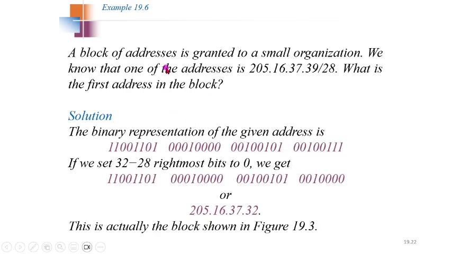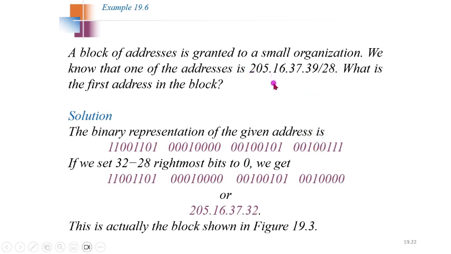There is an example with respect to that. Suppose the IP address is given with /28. /28 means 28 bits are in the mask, so the remaining 32 minus 28 is 4 bits. If the rightmost 4 bits are made 0, that will be the first address.